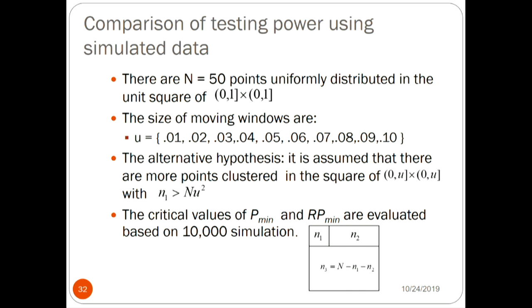Now suppose there are 50 cases randomly distributed in a study region, and the study region we can always make into a unit square. Then we make a sequence of moving windows, and for each size of the moving window, we can find the observed scan statistic.